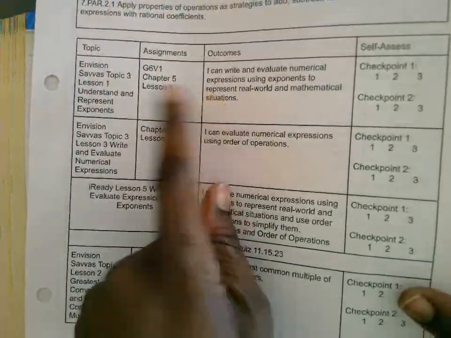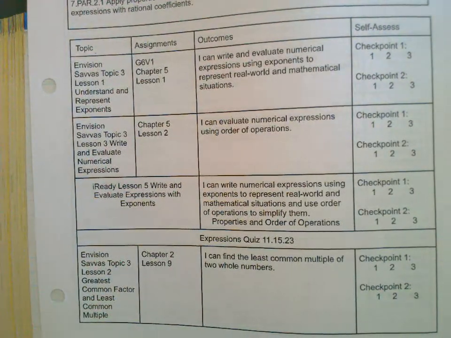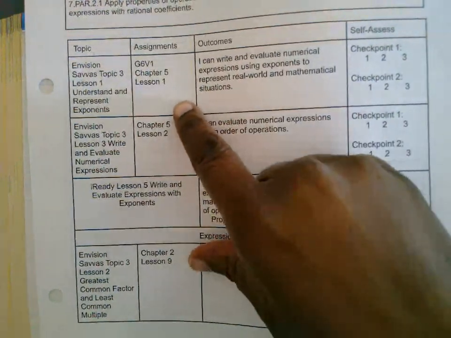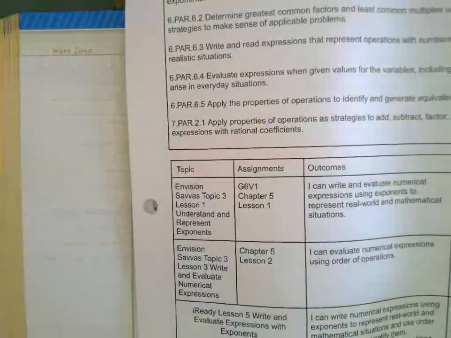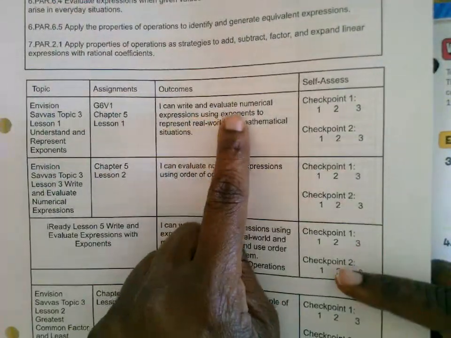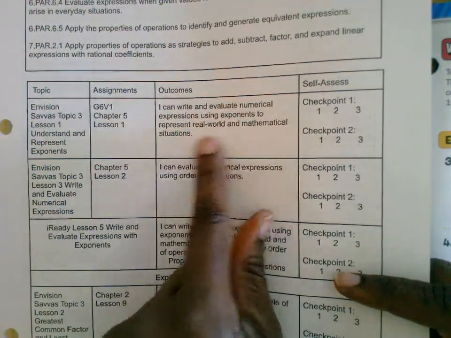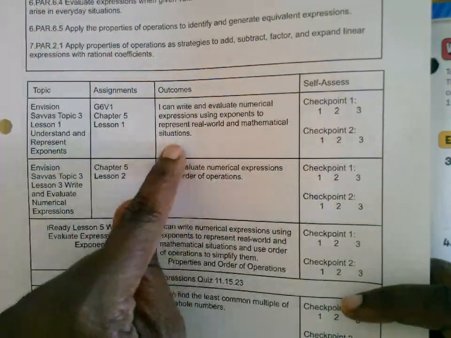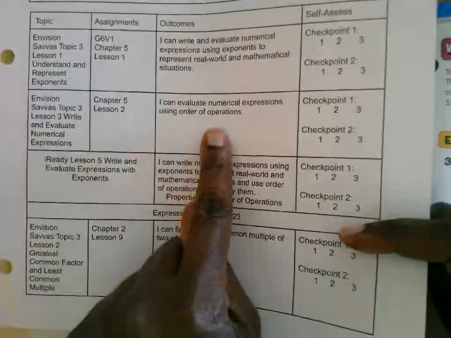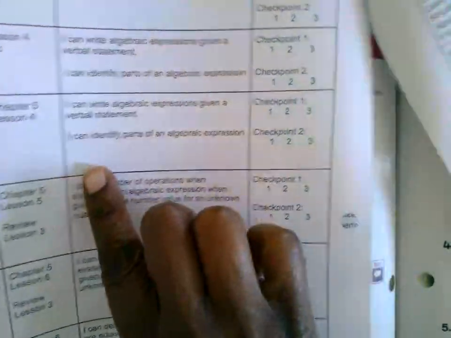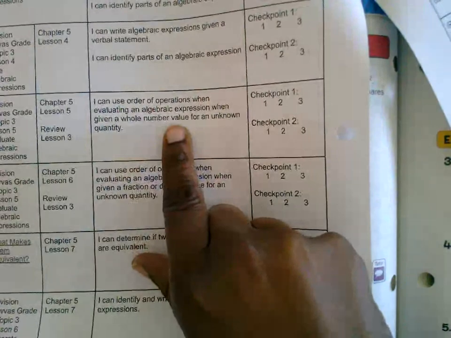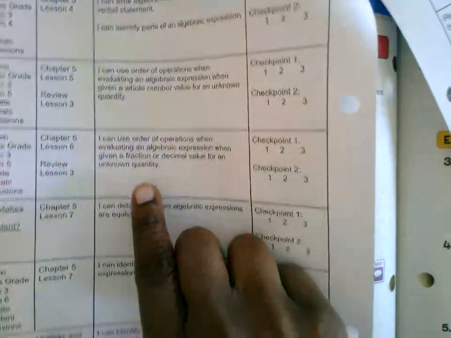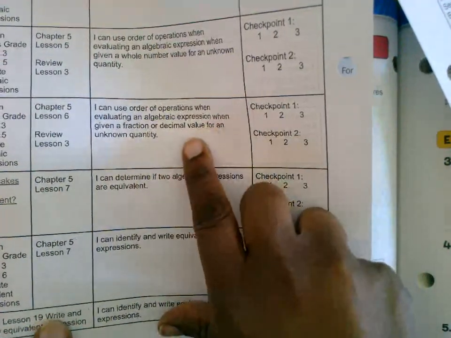And if you look at the tracking sheet, you'll see that we need to cover lessons 1, 2, 3, and 4 in chapter 5 so that we can write and evaluate numerical expressions using exponents in real world and mathematical situations, numerical expressions using the order of operations, write algebraic expressions given a verbal statement, and use the order of operations for algebraic expressions, and again the order of operations given fractions or decimals.